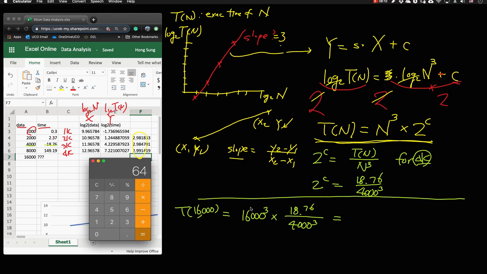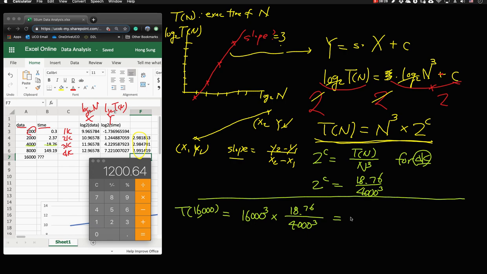So 64. So 64 times 18.76. That's the expected execution time with 16,000 data.